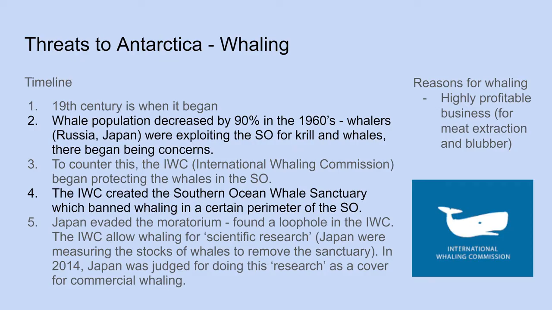So to counter this exploitation, the IWC, or the International Whaling Commission, began protecting whales in the Southern Ocean. The IWC created the Southern Ocean Whale Sanctuary, which banned whaling for certain perimeters of the Southern Ocean.